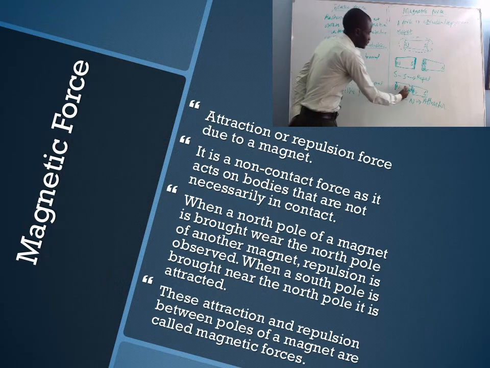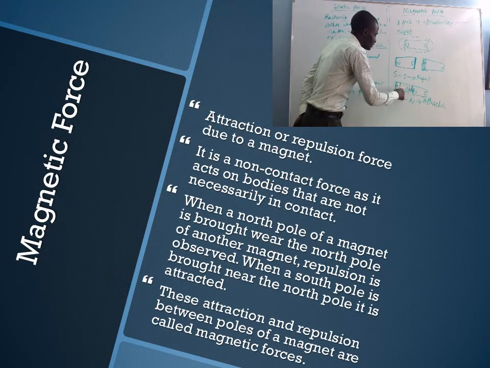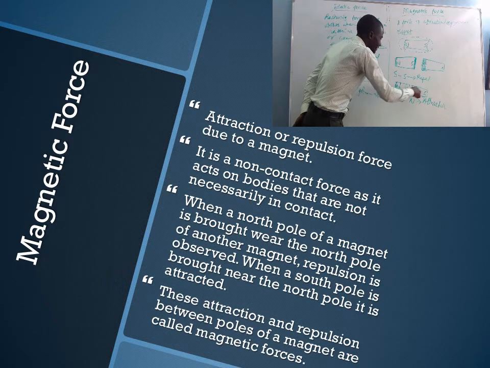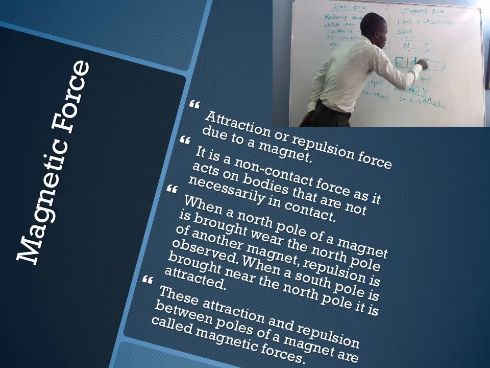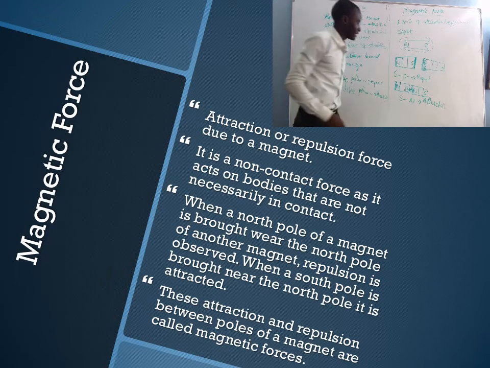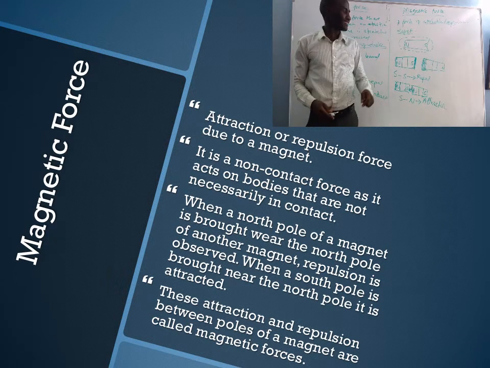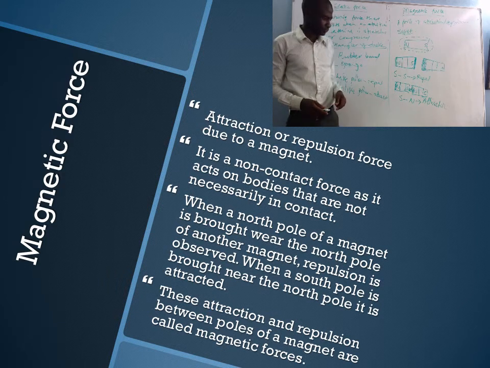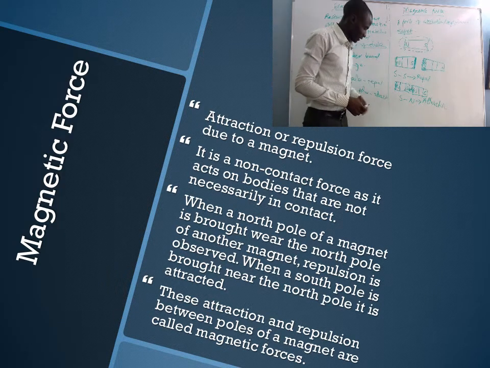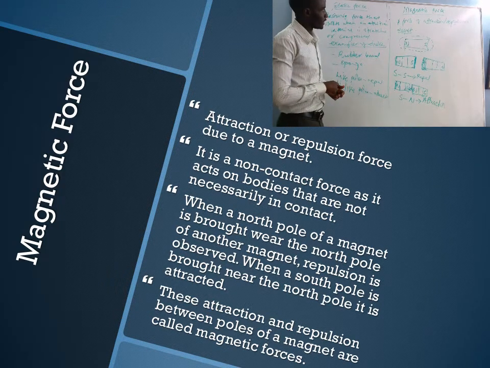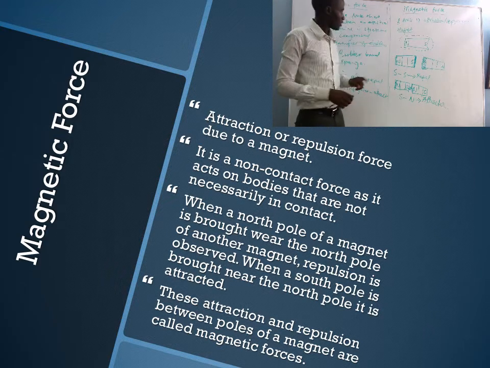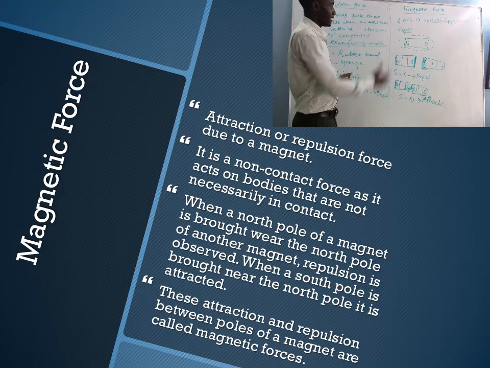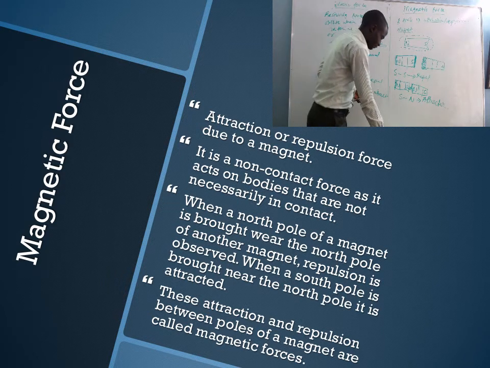But in between, the attraction or repulsion due to the bar magnet is not as strong as it is at the ends. That is also a point to note. And so that is how magnetic force occurs, or the way it is felt.